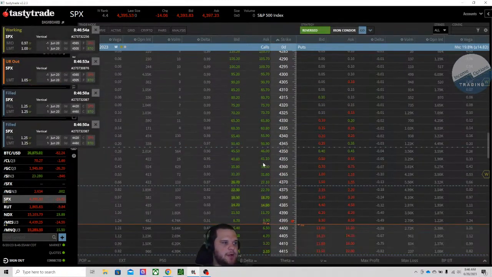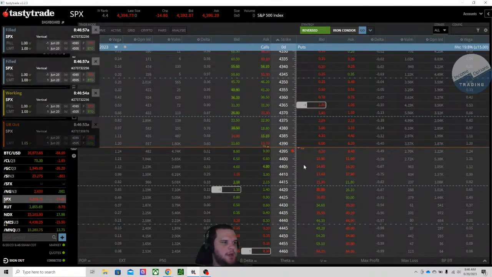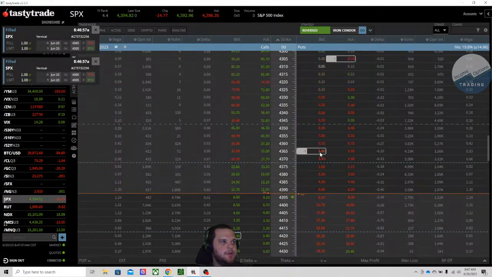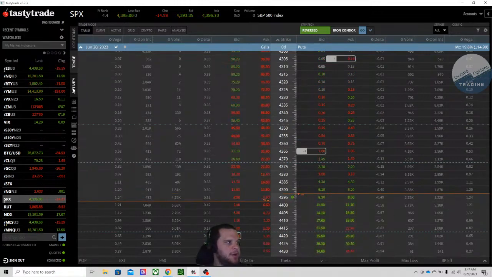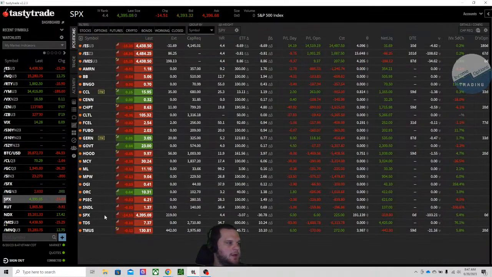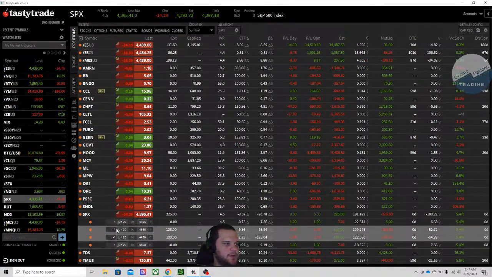You can see my call side got filled at 125, and my put side got filled at $1. So then when I go into SPX, I only look at the actual shorts that I got. Here I have a cost column. So the short put I sold for $1.07.